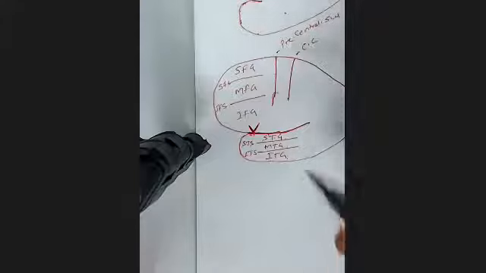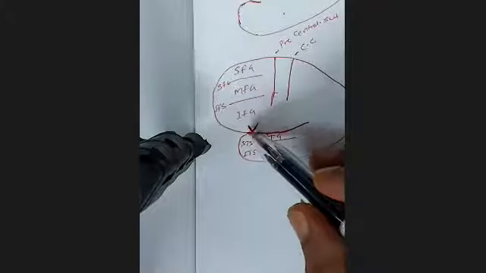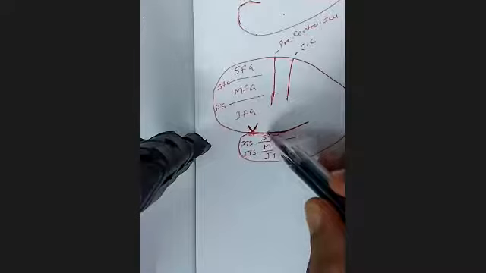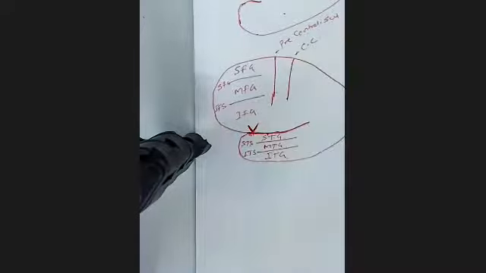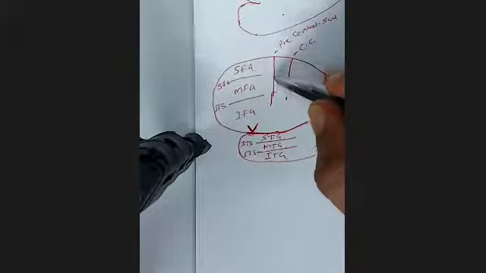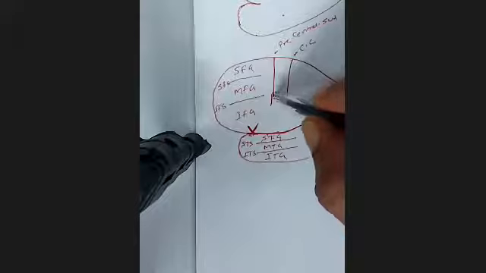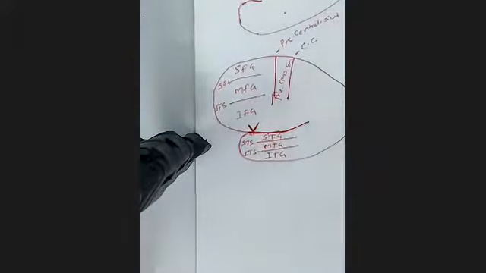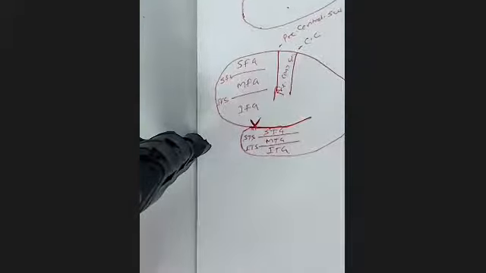Apart from that, there are the anterior limb and ascending limb. So these are the parts of the lateral sulcus. Now the gyrus between the central sulcus and the precentral sulcus is called the precentral gyrus.